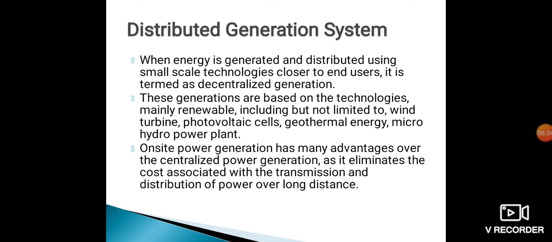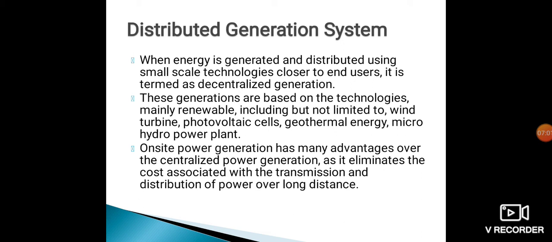On-site power generation has many advantages, as we have seen the example of Gorai, that power comes from Dahanu to Borivali, Borivali to Gorai. This transmission losses takes place, so it is much better option to adopt the microgrid for Gorai. So this on-site power generation has many advantages over the centralized power generation, as it eliminates the cost associated with the transmission.